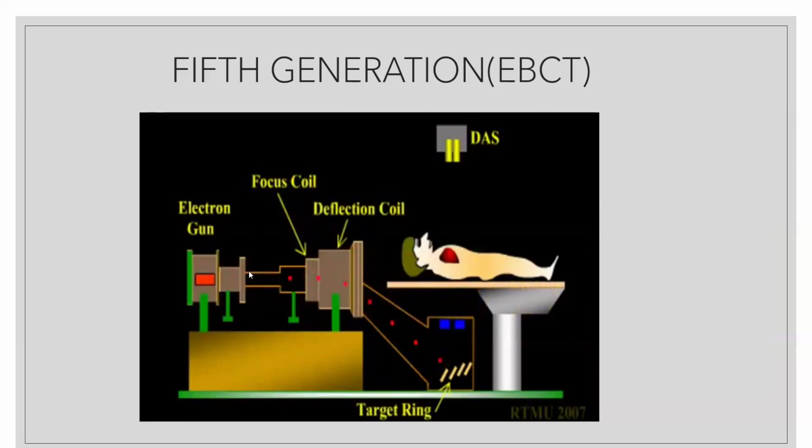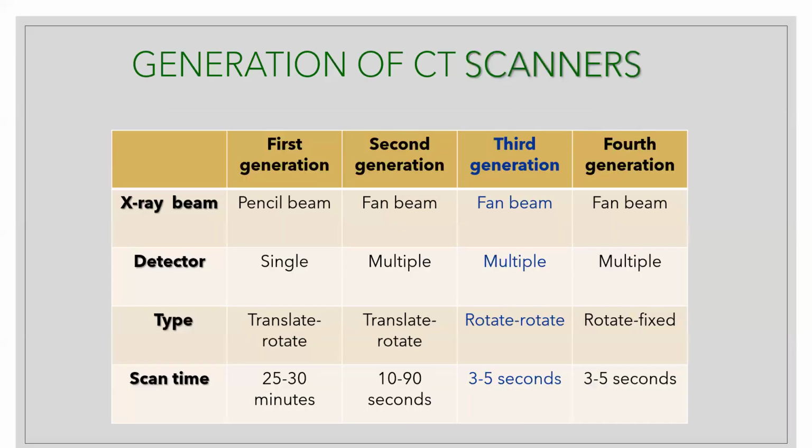Here, an electron gun deflects and focuses a fast-moving electron beam along a tungsten target ring in the gantry. The detector is also in the form of a ring, permitting simultaneous acquisition of multiple imaging sections. Here, the scan time is approximately 0.2 seconds, where the whole heart can be scanned.